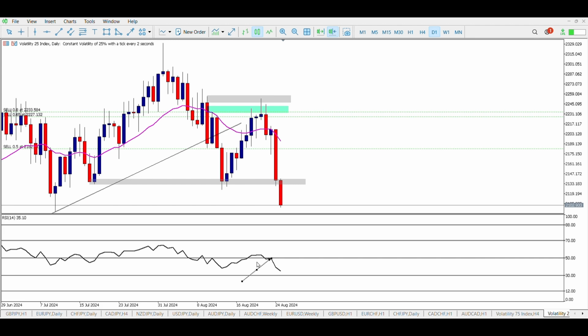So we had a close below and retest of the 50 RSI line. Once these two conditions were met, that should have been a perfect opportunity to add positions to this trade.